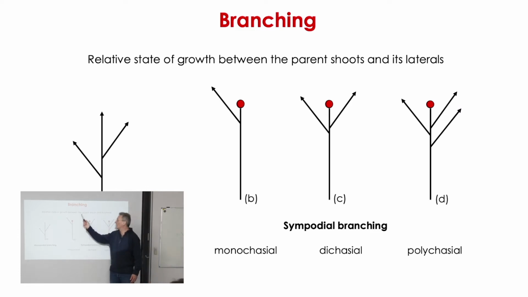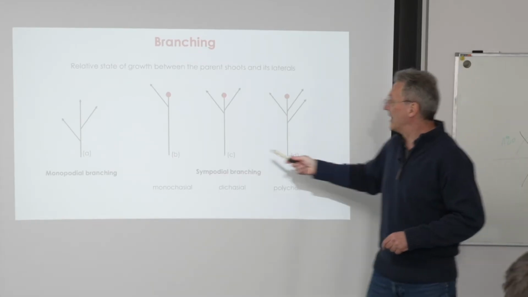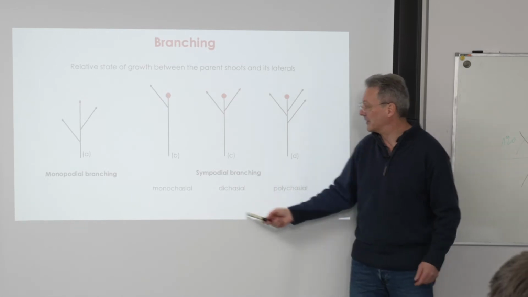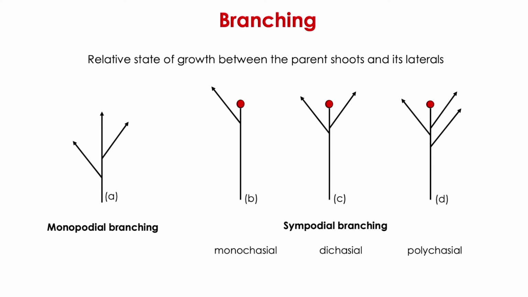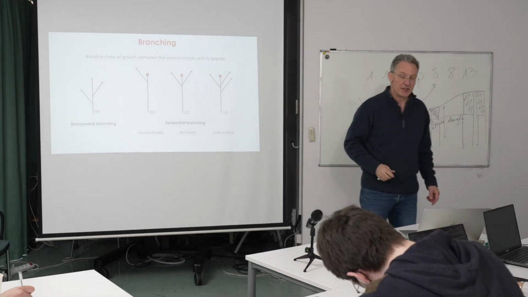And then the growth of the plant will not stop, it will continue, but through the axillary axis. And then you may have different types of branching, with one branch taking over, with two branches taking over, and even with more than one branch taking over the leader.